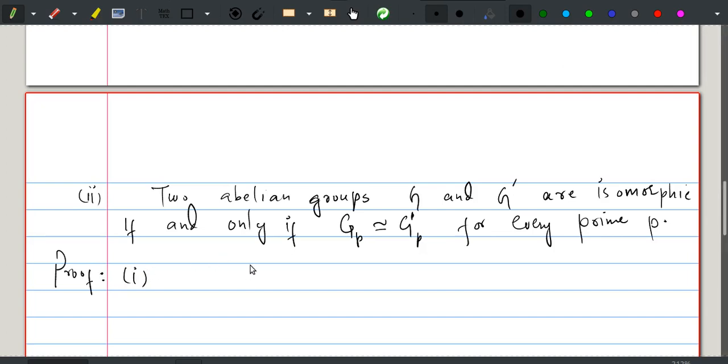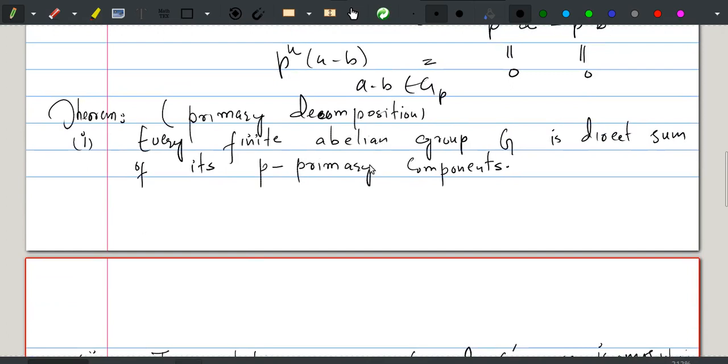So we have to prove G is the direct sum of its p primary components. In that case we have to prove each element in G can be uniquely expressed as a sum of elements from the respective p primary components.